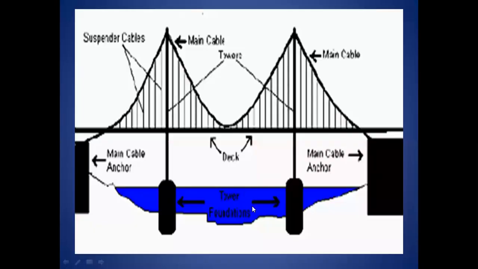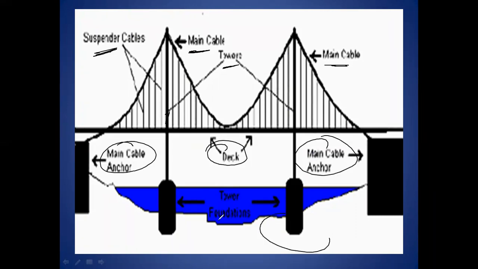So these are nothing but the components of, again, suspension bridges: suspender cables, main cable or suspension cable, the verticals that are called towers, deck slab, main cable anchorage, and this is a tower foundation. So we have to design the cable.